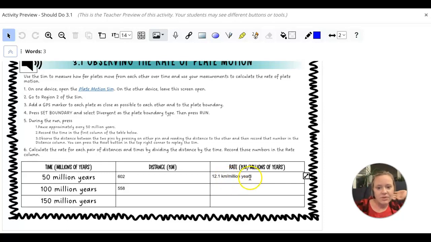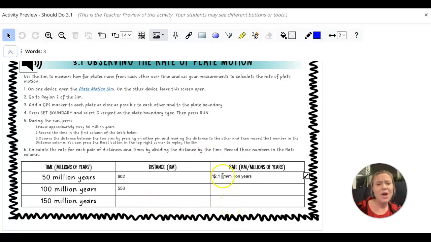Per 1 million years, right? Because we took that number and reduced the fraction we would have had if we had left it as 602 kilometers over 50 million years. You're going to do the same thing for 100 million years and 150 million years.